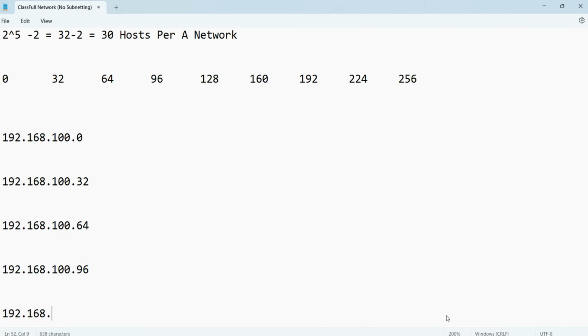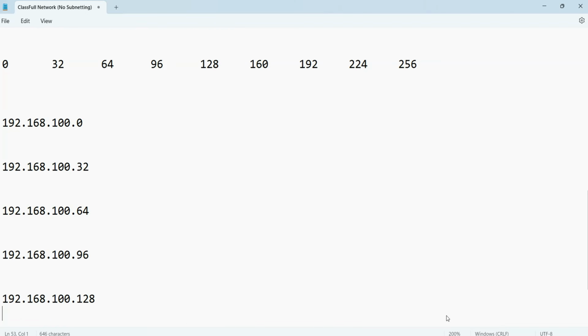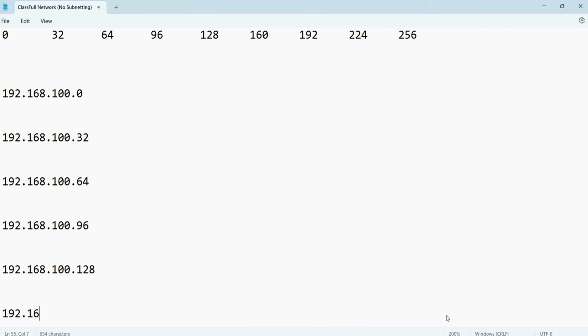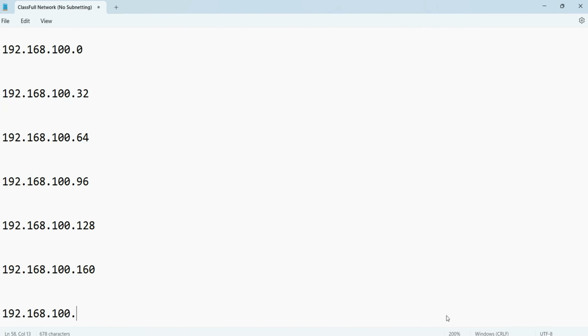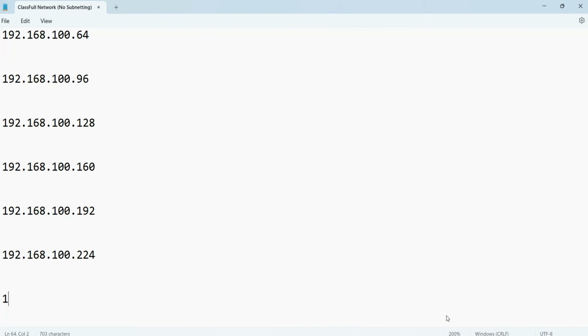Then 100.128. Then 100.160. Then 100.192. See, the first 3 octets don't get modified. Then 100.224. Then my last network is 100.256.